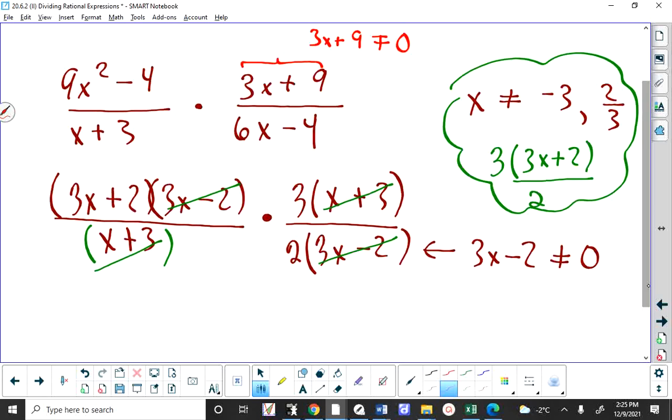And we already had that one, but the other point I want to make is since this is the 3x plus 9, we don't have to worry about solving this. We just eyeball the x plus 3 and go, oh, there's a -3. Are you sure? Okay. Any other questions with that one?